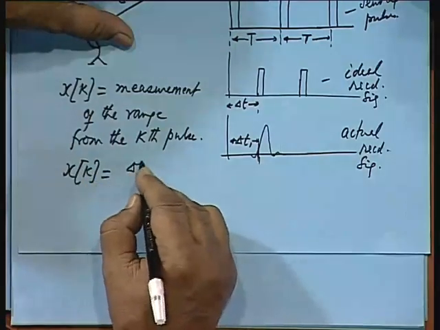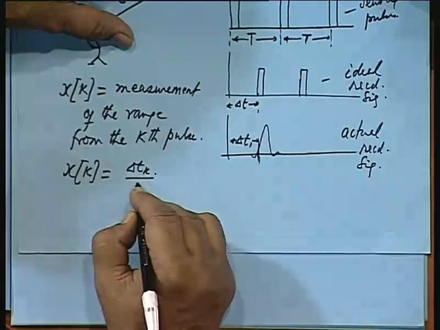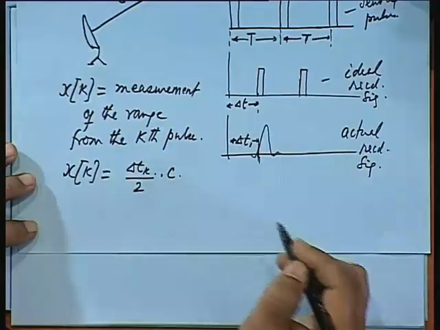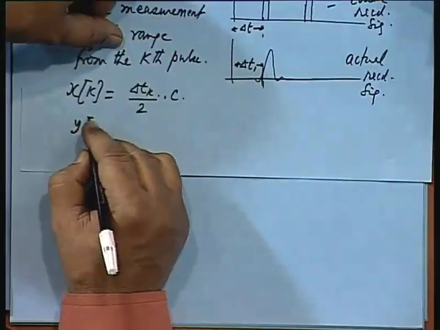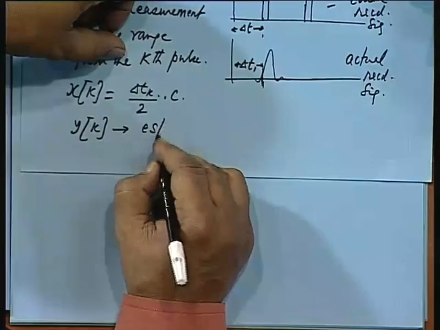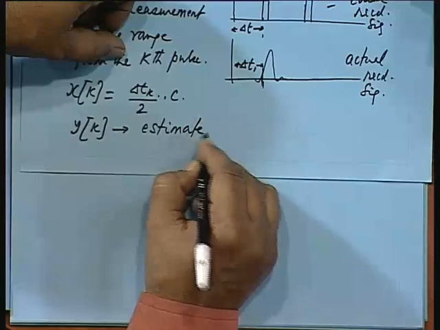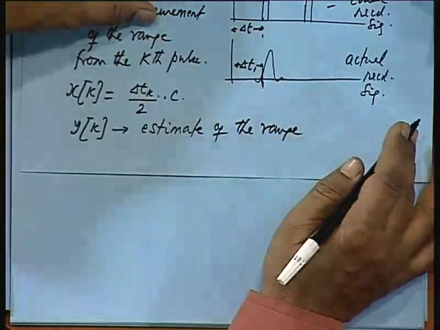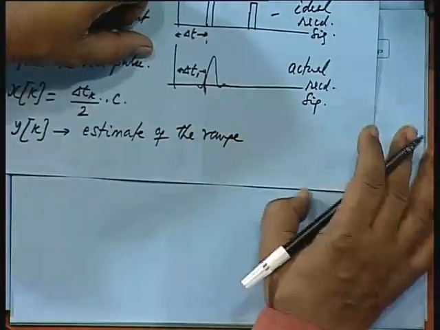It will be delta t k by 2, delta t k is the time for the kth pulse to return, all right. So, delta t k by 2 into the velocity of light, so many meters, okay. y k is the estimate of the range after processing kth pulse.